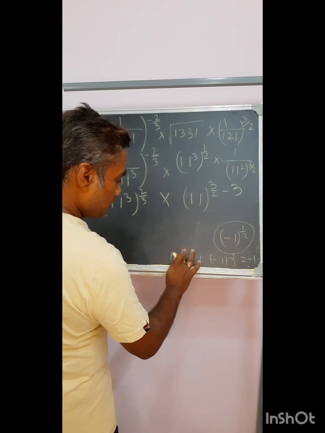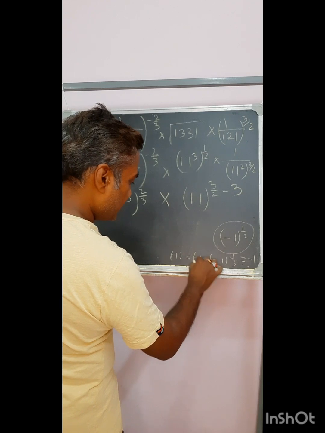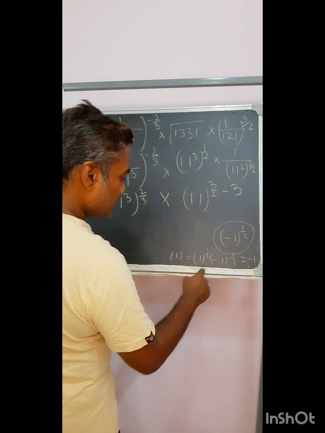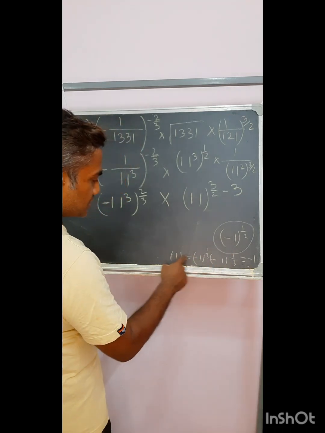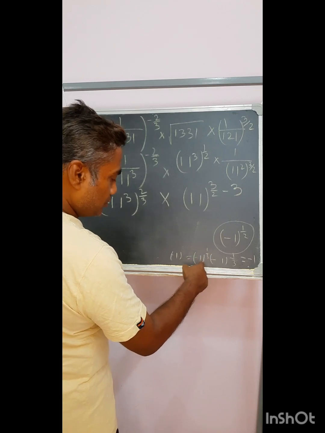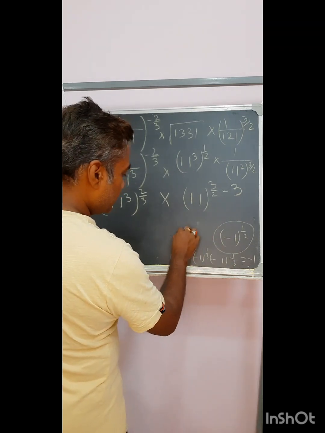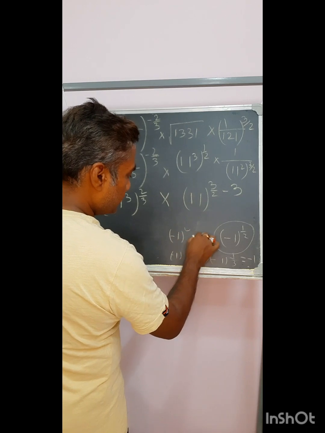So if I take the cube root of that, it is nothing but 1 third. This way I can say the cube root of minus 1 is minus 1, whereas minus 1 whole squared is 1.